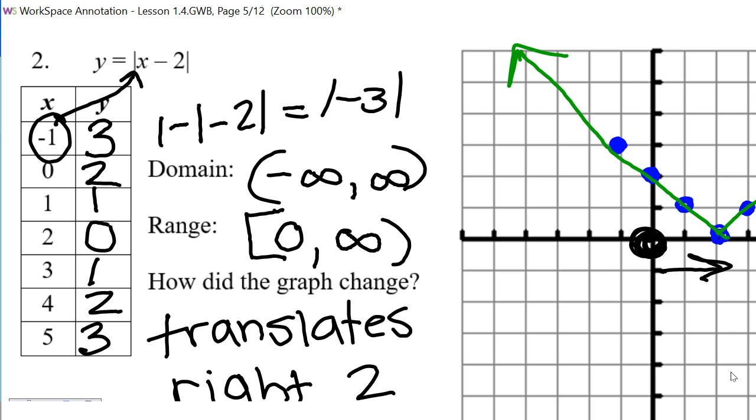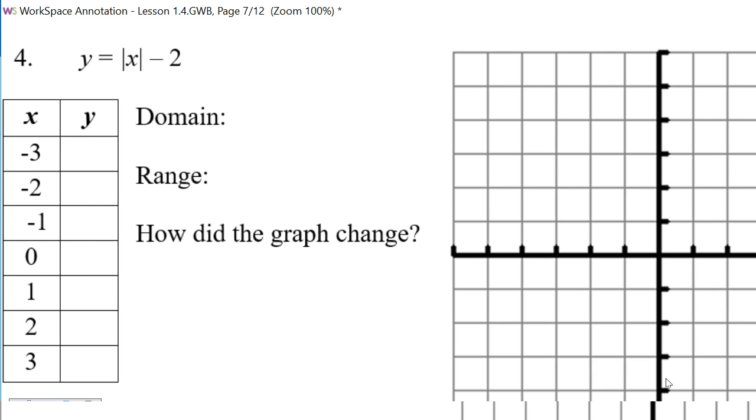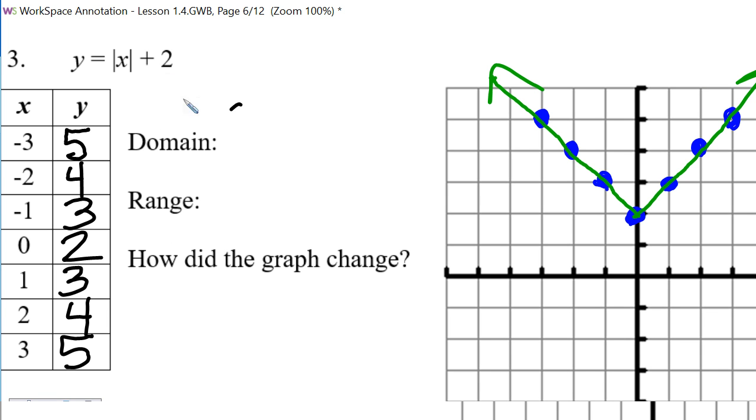Look at number 2. What's the domain for number 2? Same thing. So what is the domain for all absolute values? Negative infinity to positive infinity, because all of these will keep going to the left and keep going to the right. So the domain for every single absolute value function is always negative infinity to positive infinity.